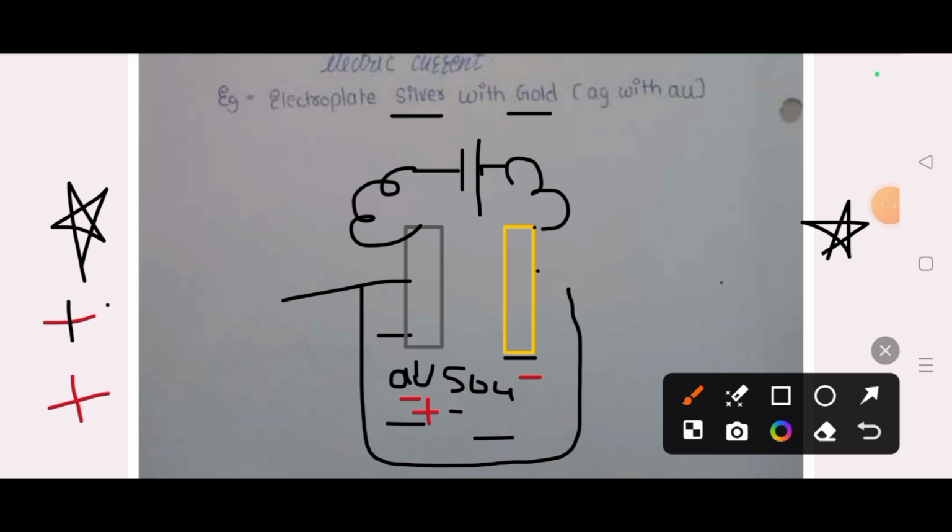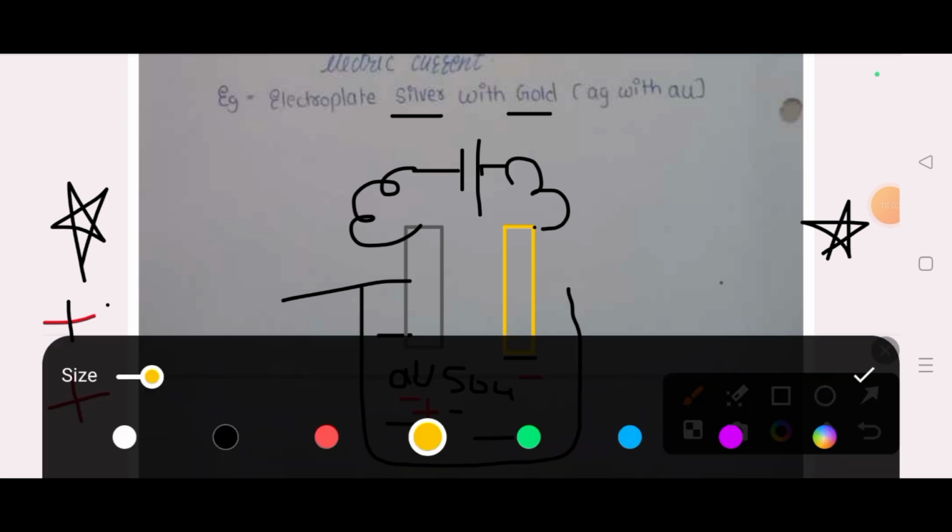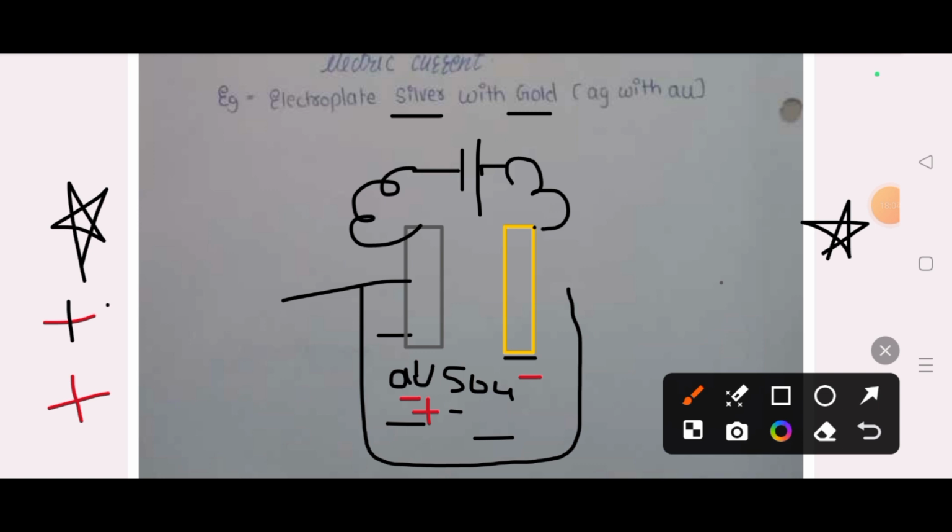If this is also silver, then this Au won't be able to get deposited on it. That's why we didn't take that. This is also gold. Now this Au, the gold, will be deposited on silver. This is very important: silver should be negative and the gold should be connected to the positive terminal.